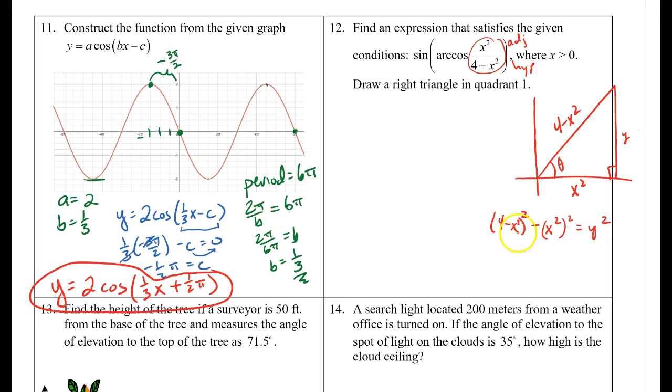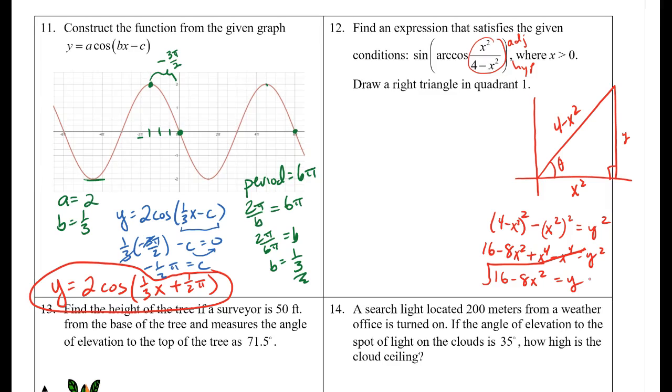If I expand everything out, I get 16 minus 8x squared plus x to the fourth minus x to the fourth equals y squared. Those cancel. 16 minus 8x squared is equal to y squared.